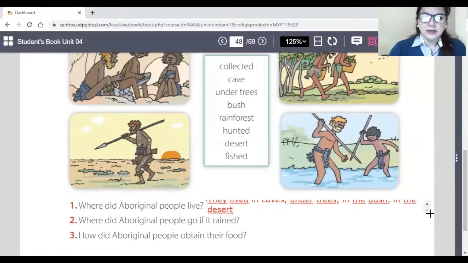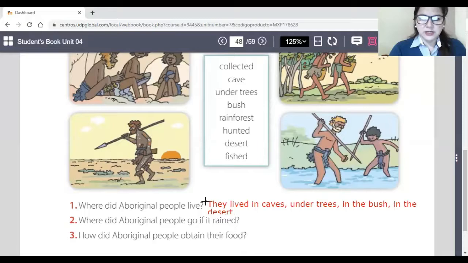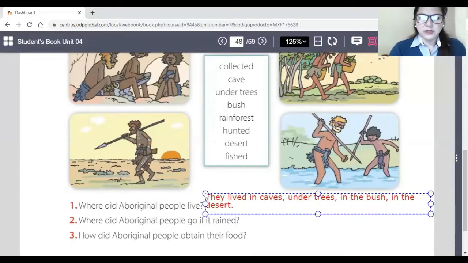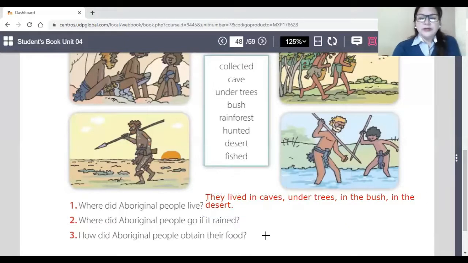Okay, just that. Can you see this? So much better. Okay, one more time. Where did Aboriginal people live? They lived in caves, under trees, in the bush, in the desert.